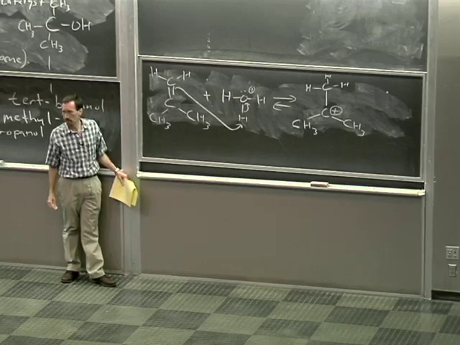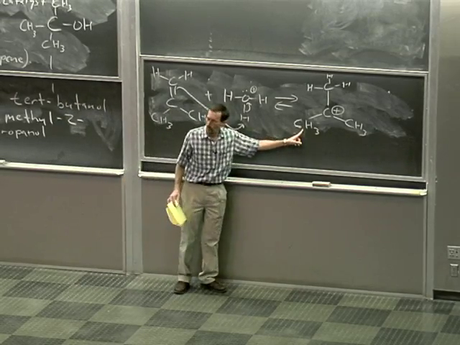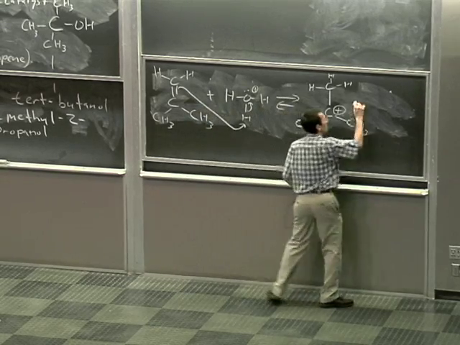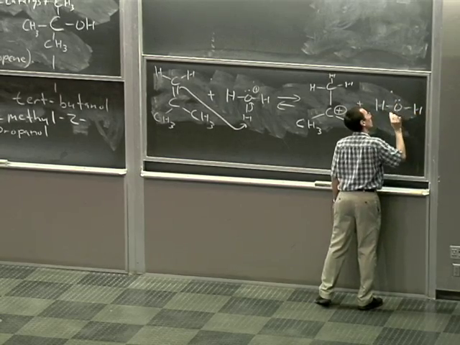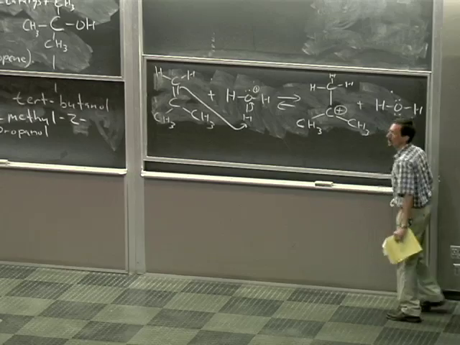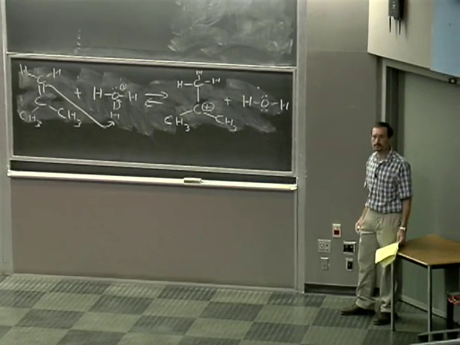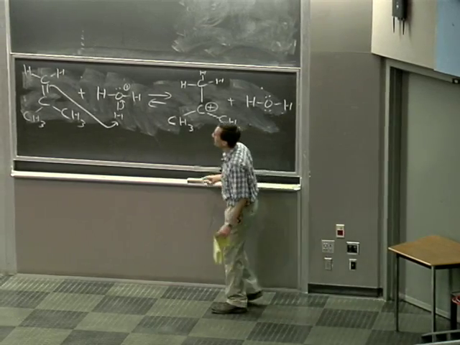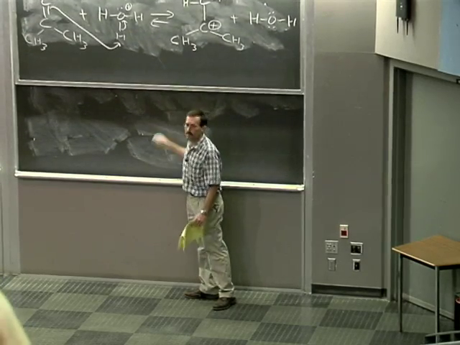There are 2 more methyl groups that I simply, for the sake of simplicity, won't draw out as full Lewis structures. And finally, we have our water molecule. We've put our lone pair back onto the oxygen atom. That's step 1.